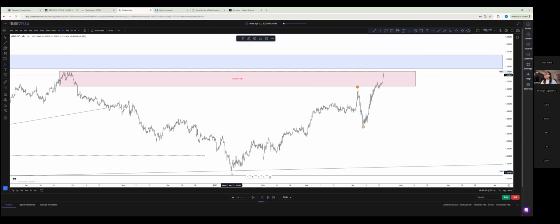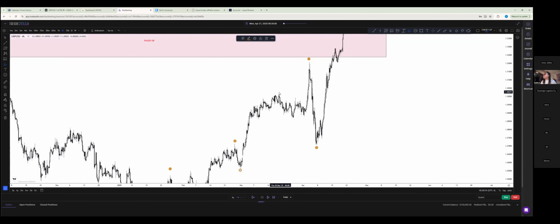We have this low, which we came from. We have this swing high. We have another low here. We have this swing high. We have this low here. And yeah, we can mark this. On a lower time frame, we have way more zones, but we're just gonna mark these from the 4 hour.